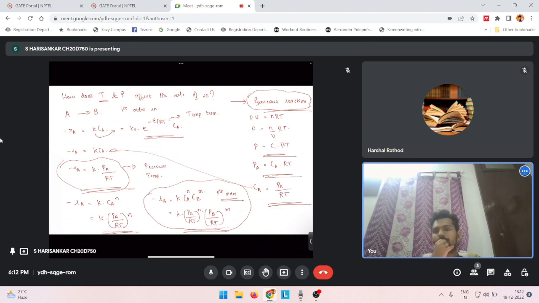So I'm not sure how we can find the pressure variation of reaction rate for liquid and solid reactions. But for gaseous reactions, this is how you do it. Fine. If this is clear, we can move on. Shall we move on?